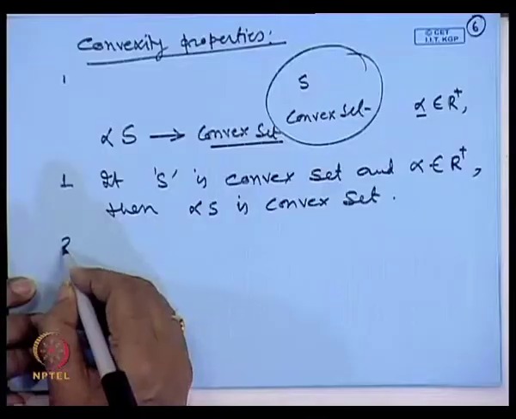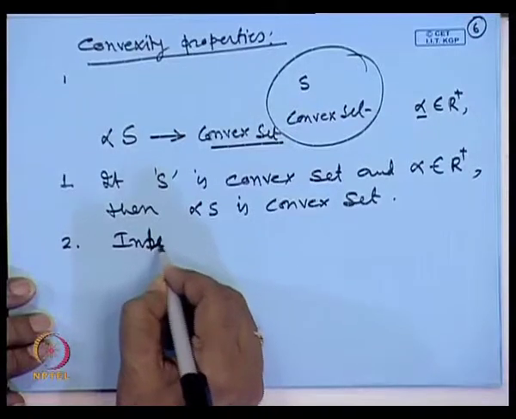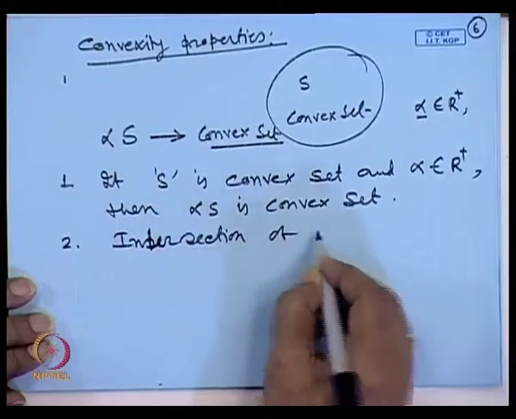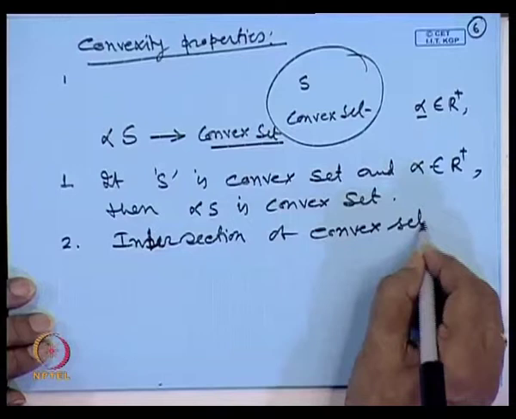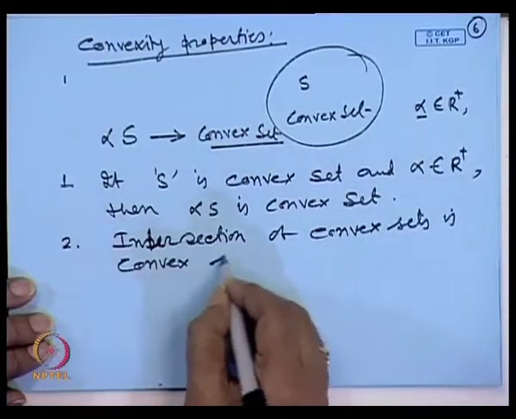So, we write it: intersection of convex sets is a convex set.